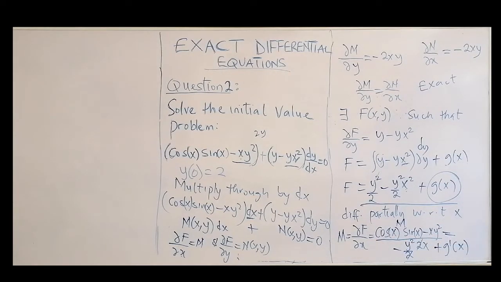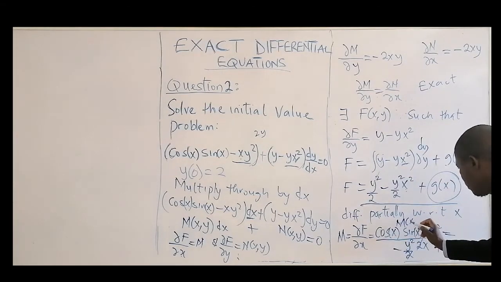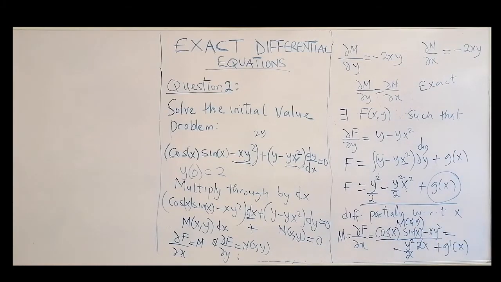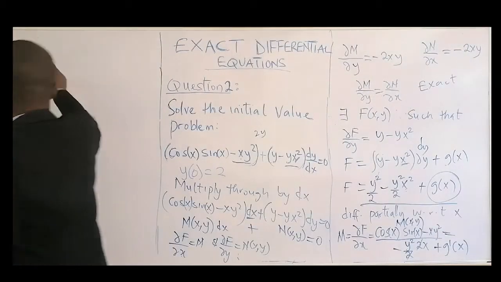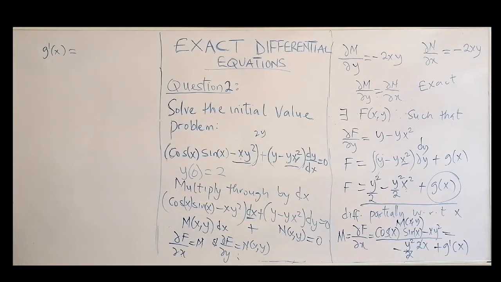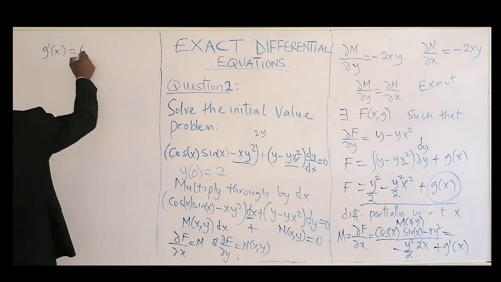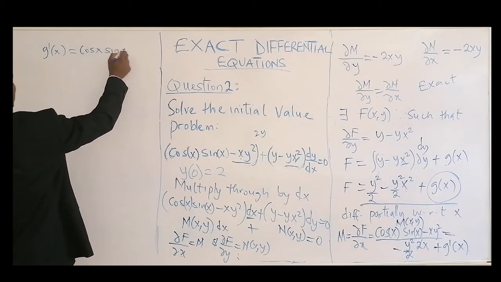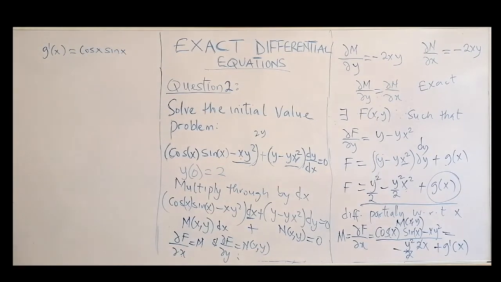So with that, we now have g prime of x equal to cos x sine x. That's what we have now.